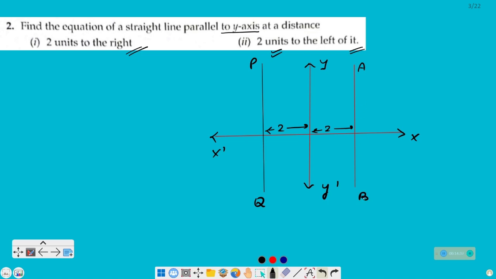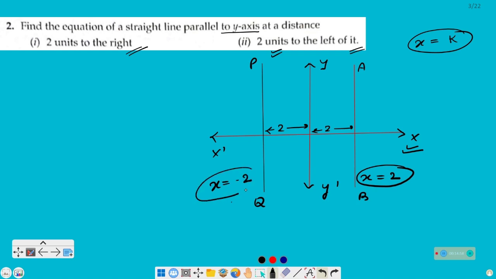Now line AB is in positive direction of x-axis and PQ is in negative direction of x-axis. Parallel to y-axis है, it means equation of this will be x is equal to k. So equation of AB will be x is equal to plus 2 and equation of PQ is x is equal to minus 2 because it lies in negative direction.